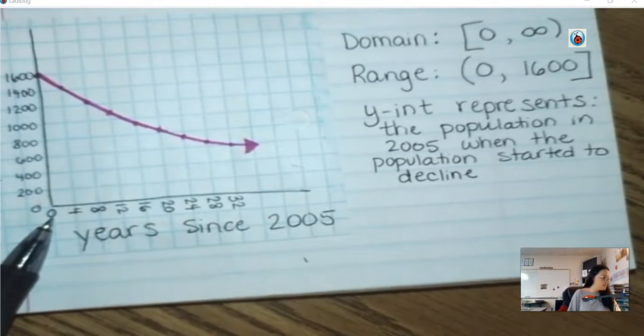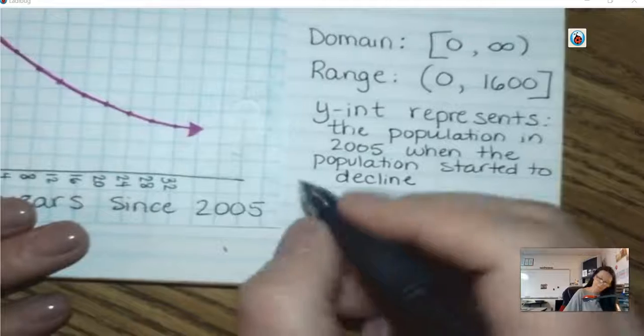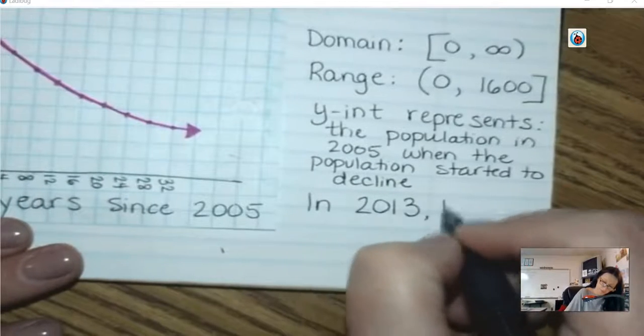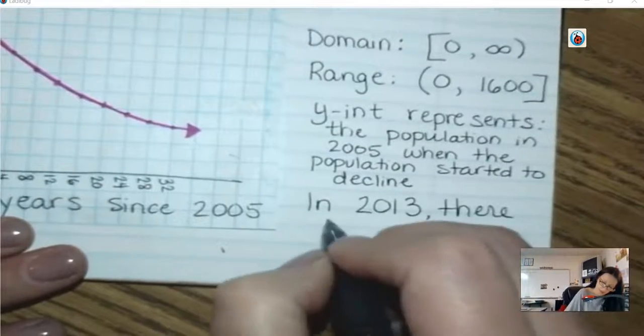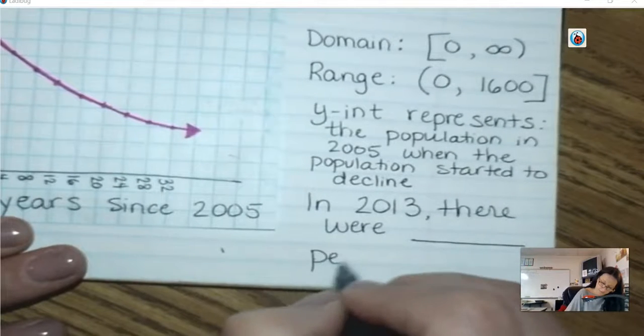And then the last thing we have to do is answer the original question from the beginning. Find the population in 2013. So in 2013, there were blank amount of people.